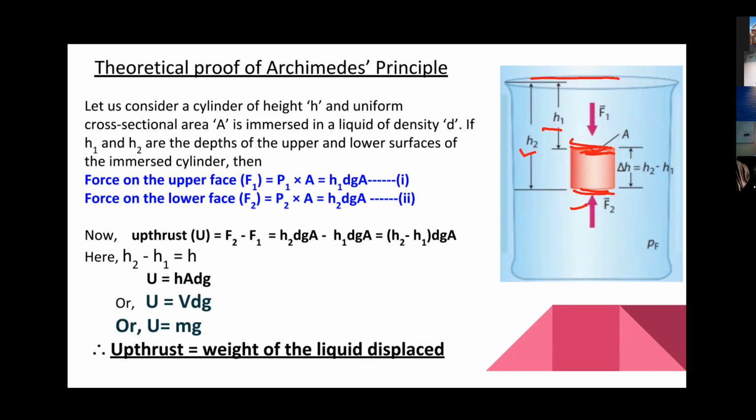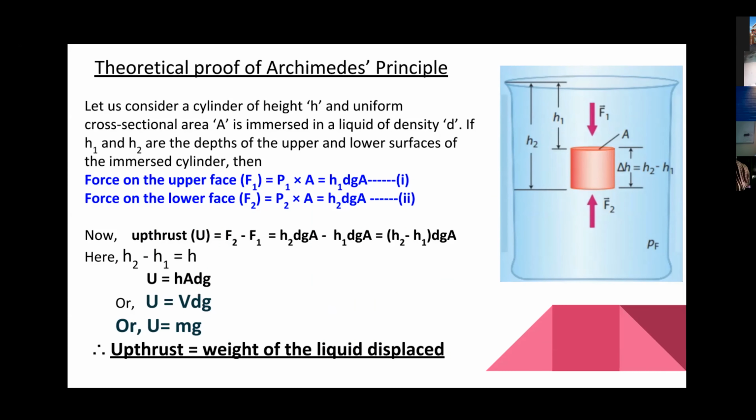From free surface to lower face the height is H2, and free surface to upper face is H1, so H2 minus H1 is always H. So the height of the cylindrical body H is also the difference of heights H2 and H1, which is given here also.